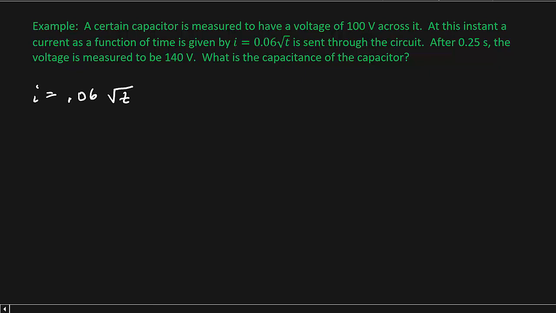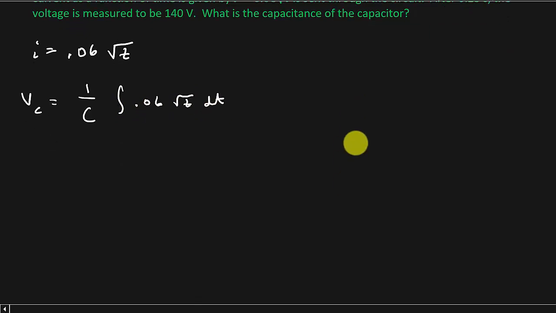All right, so we've got information. They give us I. We got information dealing with volts. They want to know the capacitance of the capacitor. And so that tells us that VC is 1 over C, that's for the capacitance, times the integral of 0.06 square root of t dt.